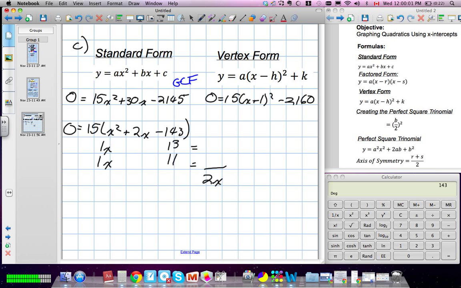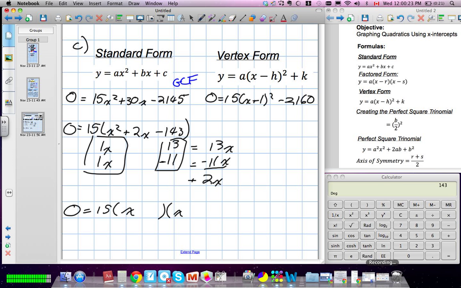Use some logic because of the middle number. In order to get positive 2, when we multiply the two columns, we're going to get 13x and 11x. Which one's going to have to be negative? 11. Which means we multiply by the 11. The 11 will have to be the negative number. So we'll have 0 is equal to 15, x and x.